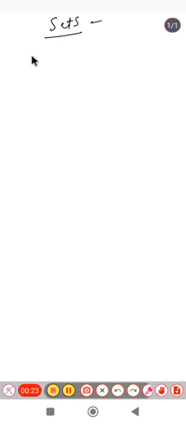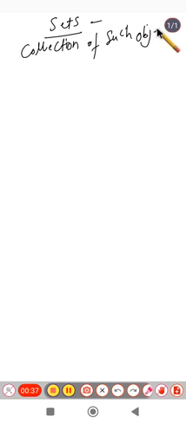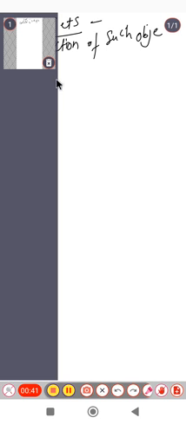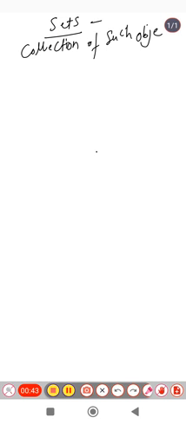It is nothing but a collection of objects called as a set.